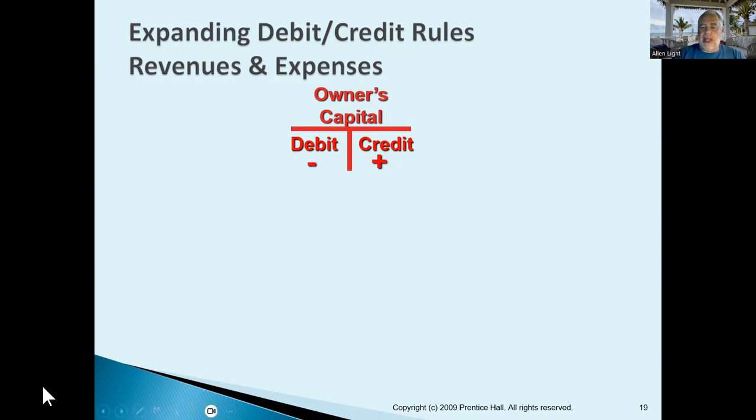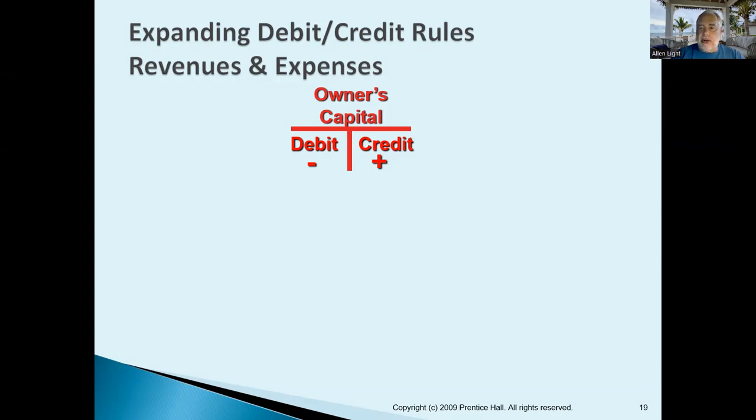So withdrawals and expenses are both increased by debits. Okay, so expenses are going to have a normal balance on the debit side, and so are withdrawals, because those have to offset the owner's capital. And the only way to do that is to have a debit balance.